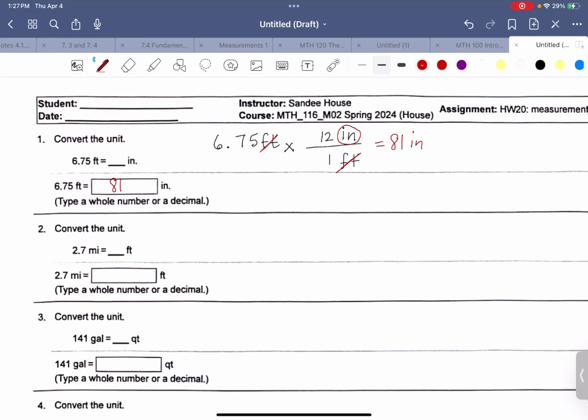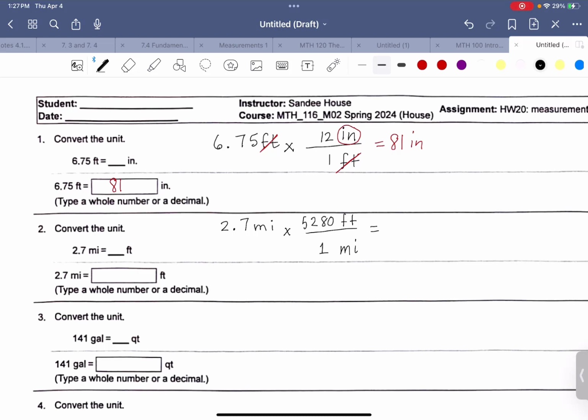Number 2, convert the unit 2.7 miles to feet. So we always start with what we know, 2.7 miles. We're going to multiply that by a conversion factor that relates miles to feet. You may not have this one memorized, so you look on your sheet. 1 mile is 5,280 feet.